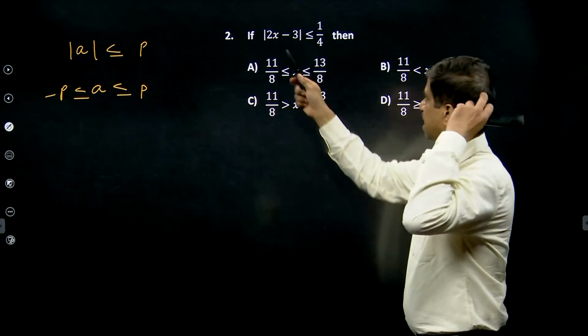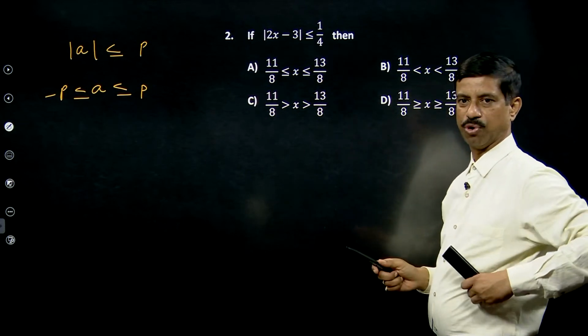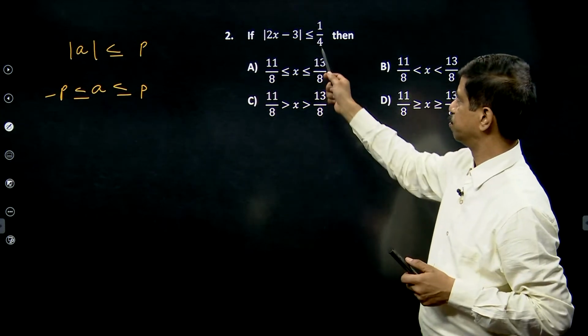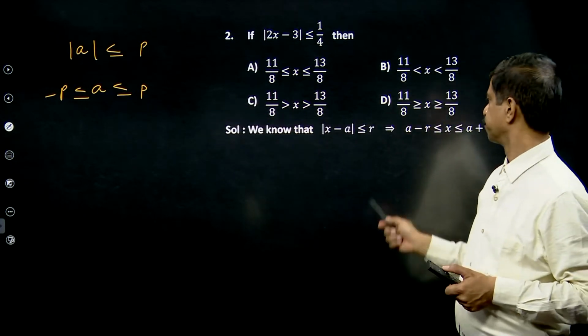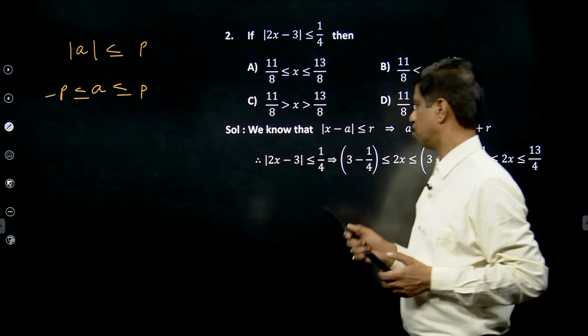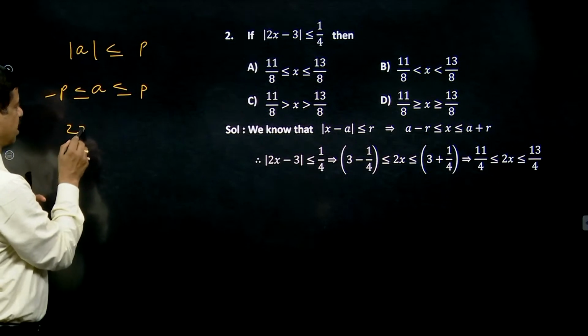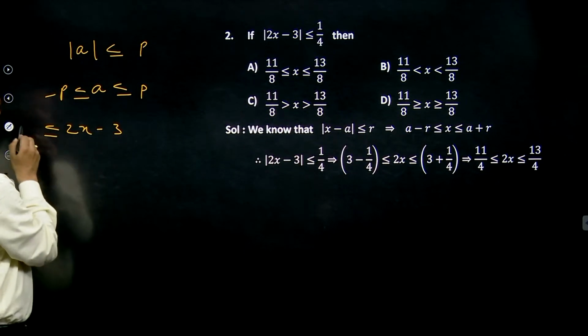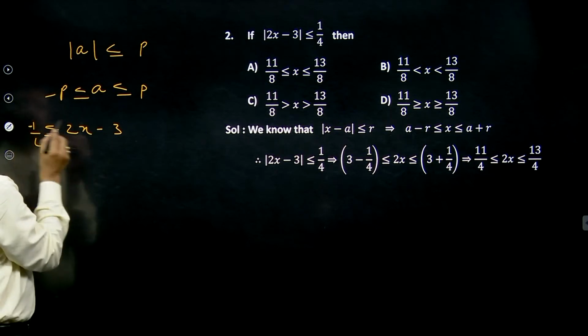So, now look at this, mod of 2x minus 3 is less than or equal to 1 by 4. So, 2x minus 3 should be greater than or equal to minus 1 by 4, less than or equal to 1 by 4. You see this is what we have written here.